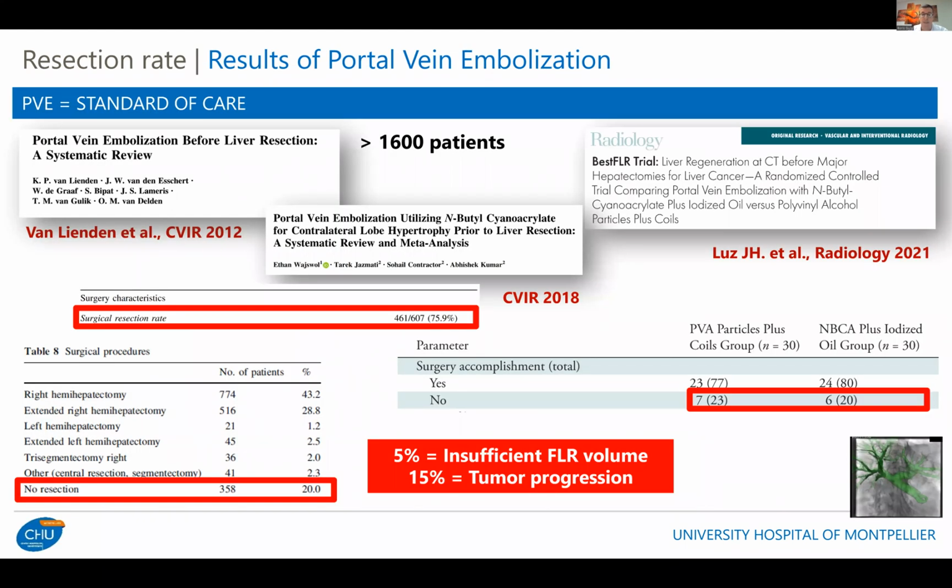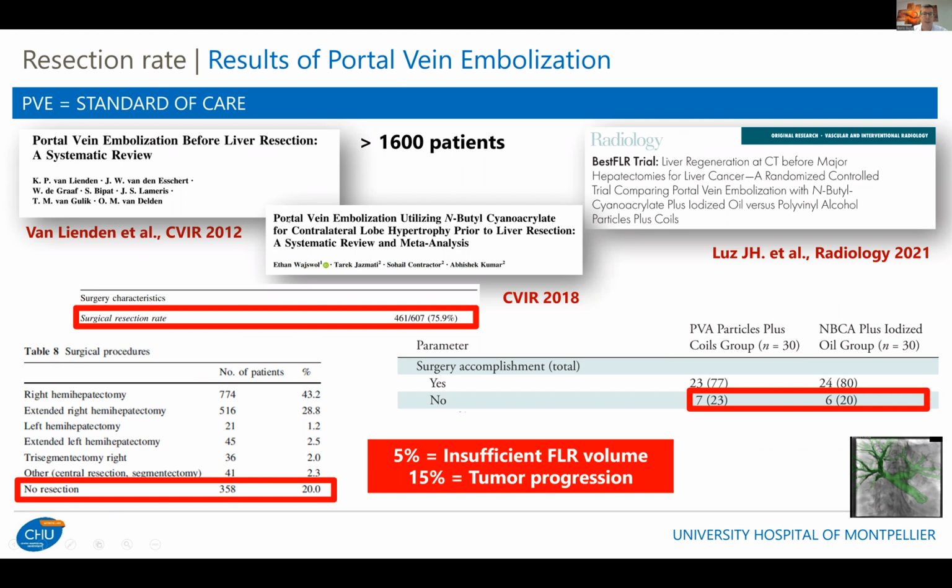To increase the future liver remnant, the standard of care so far is certainly portal vein embolization, which, as you know, was described now 40 years ago, so a long time ago. And if we look at the literature here, we have some papers published in the higher journals.